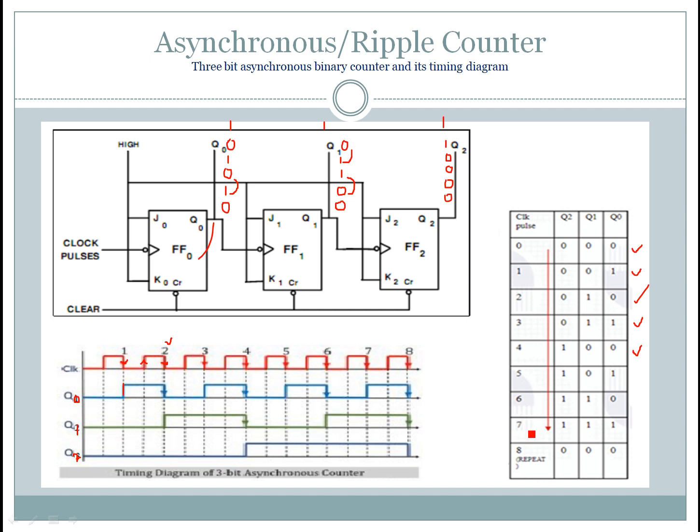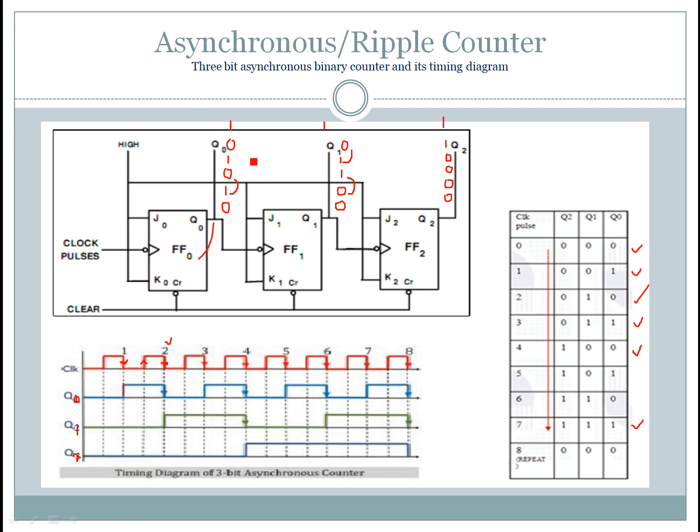So after the 7th clock pulse the count value is 1 1 1. So for the 8th clock pulse the next count value should be 0 0 0 because this is the maximum 3-bit value. So let's see whether we'll get the 0 0 0 or not.